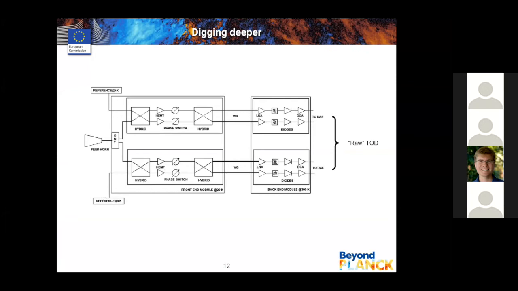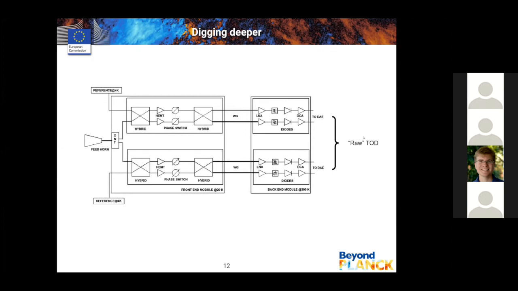And then those are propagated through here until they reach the 4 diodes that translate the signal into voltages. And then those voltages are translated to numbers. And then finally, the 4 data streams are averaged in such a way that we can work with the raw TOD, and that's supposed to be a representation of the signal here.